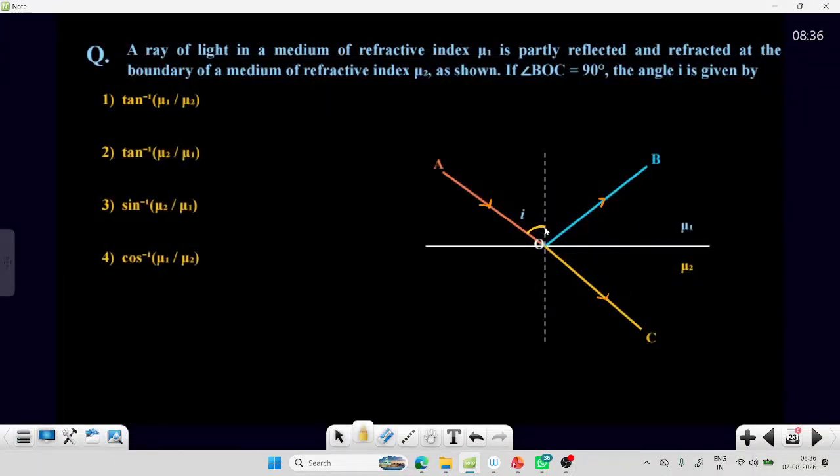Here this is the angle of incidence, which is I. The angle of reflection is also equal to I only, and the refraction angle is R. They have given this angle as 90 degrees. Now, we did a similar kind of problem.